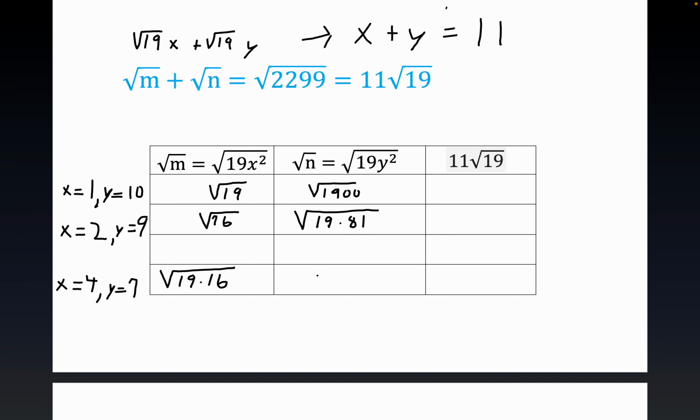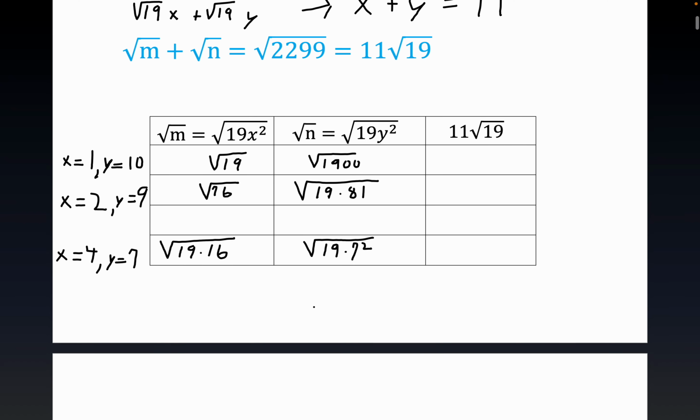Now, right here in a similar fashion, you would get 19 times whatever 7 squared is. What is that, 49? 7 squared is 49, so you can write down 19 times 7 squared. So you got 19 times 16 right here as the radicand, and then 19 times 7 squared right there, okay? So folks, you see the idea, and I'll go down.